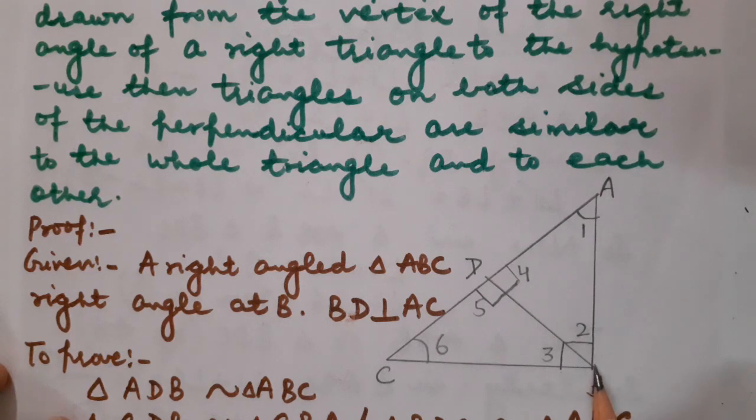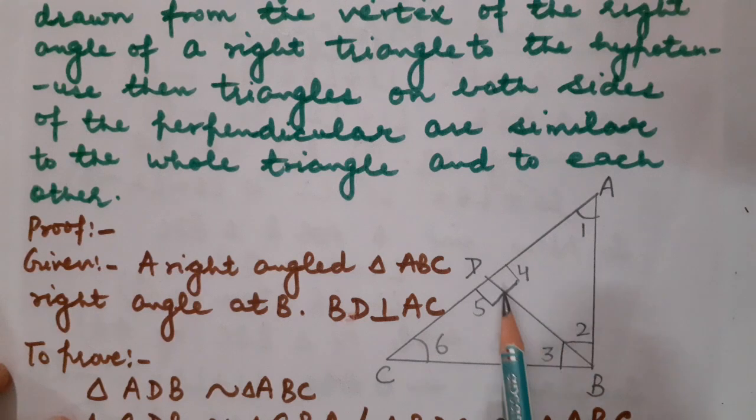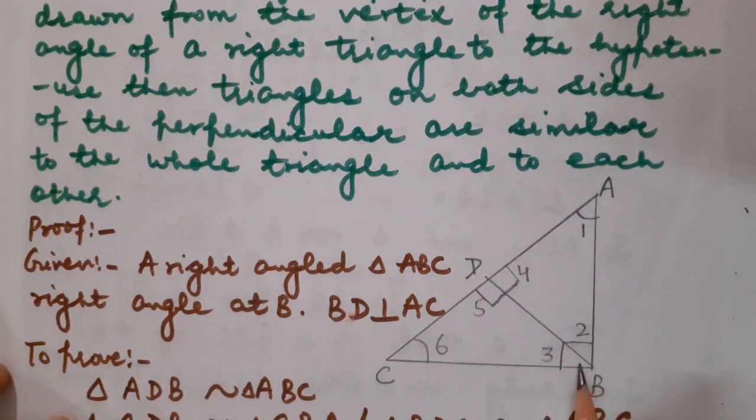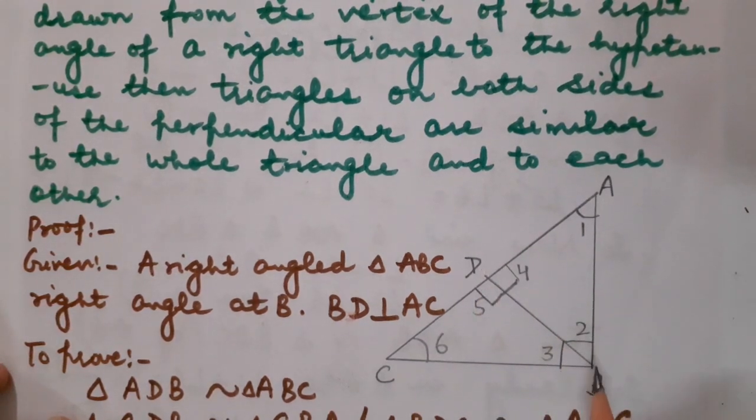So what the statement says, if a perpendicular is drawn from the vertex of a right angle, this is the right angle, so from here one more perpendicular is drawn. Where? To the hypotenuse. Then two triangles will be formed. Here you can see the first triangle is ADB and another triangle is CDB.